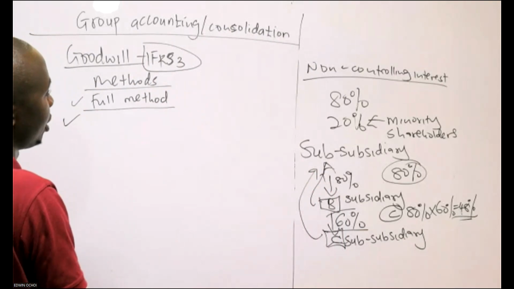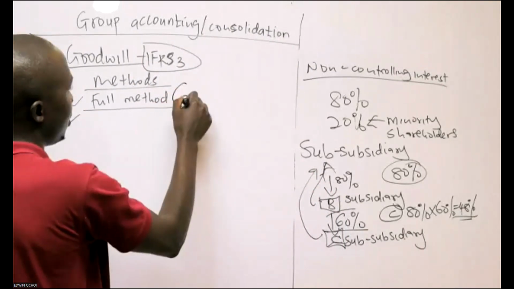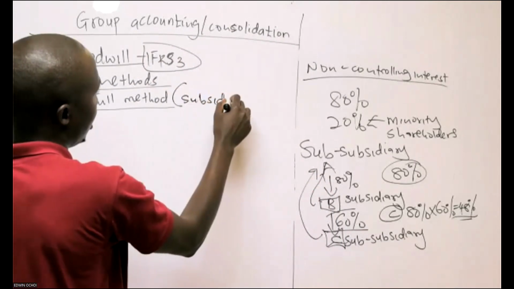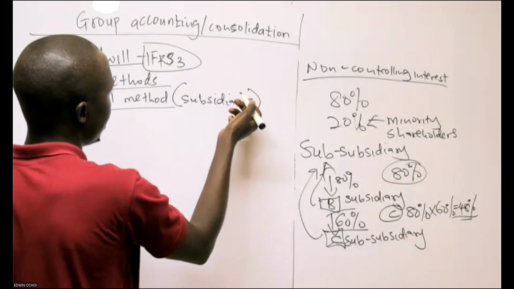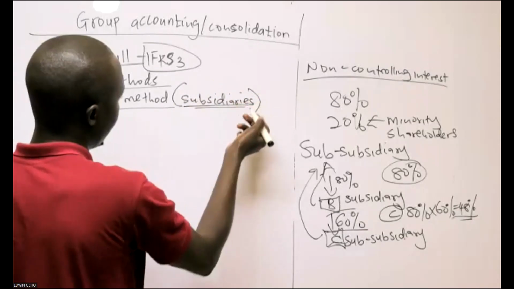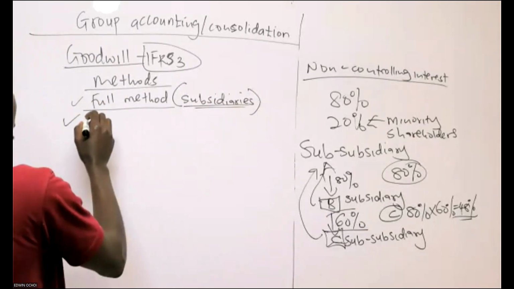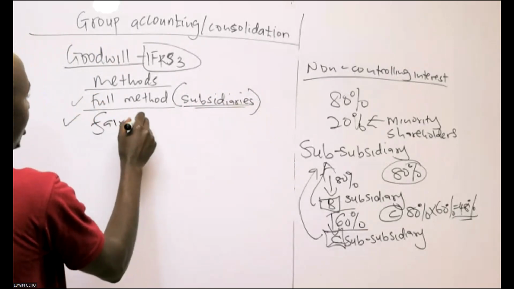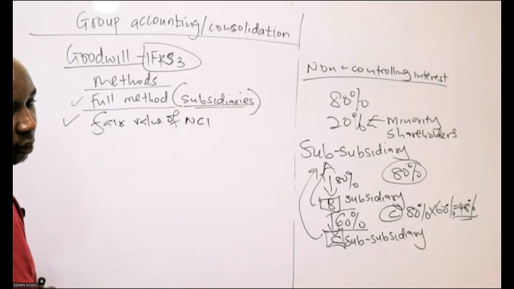It is mostly applicable under subsidiaries. You can't use the full method in associates or joint ventures. It is applicable in subsidiaries where the fair value of the NCI is provided.